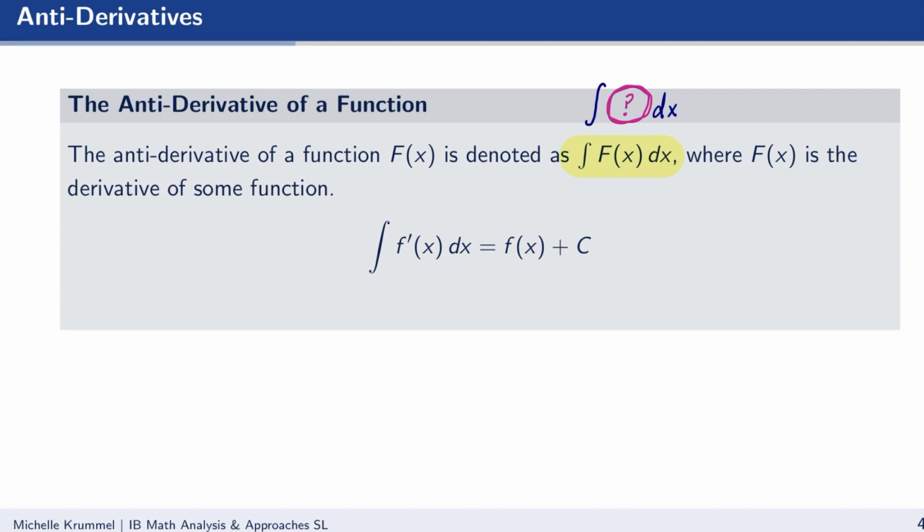Okay, so the antiderivative of big F of x is denoted as. And we have a couple of different ways we can say this out loud when we're reading it. I usually just say the integral of f of x dx, but we could also say the antiderivative of f of x. F of x is the derivative of some function, and we're trying to figure out what that function was. What was the original function that produced f of x as a derivative?